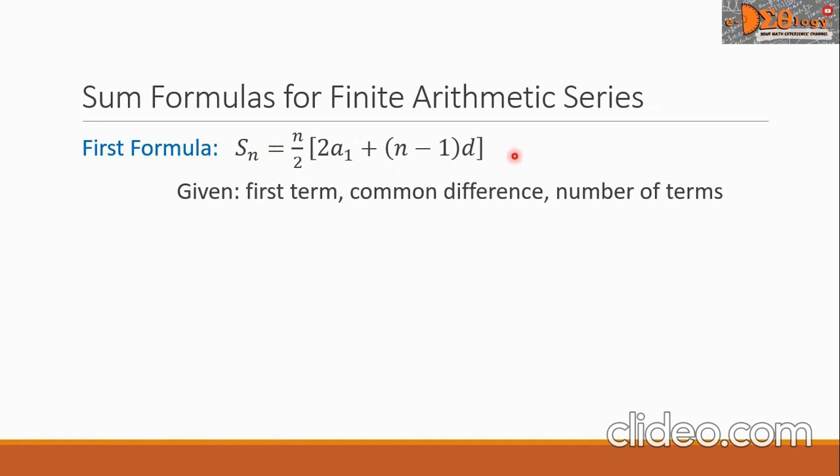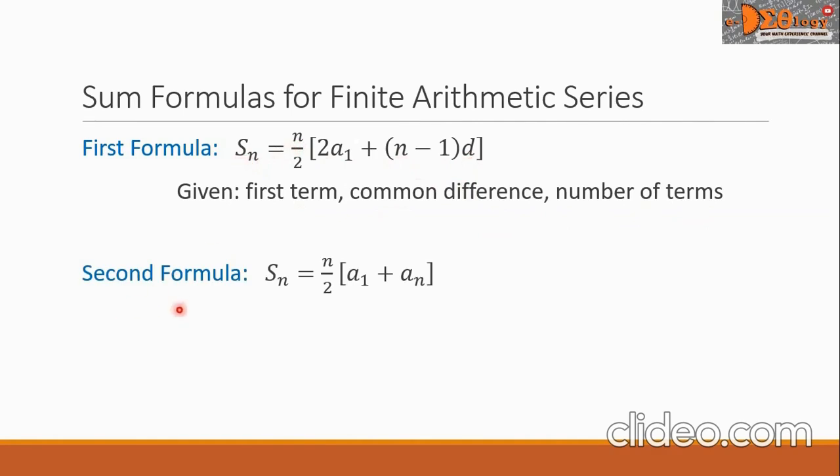We are going to use this formula if the given are the first term, that is a sub 1, the common difference, that is d, and the number of terms, and that is n. We will use n here and also here. There is also the subscript of the S.